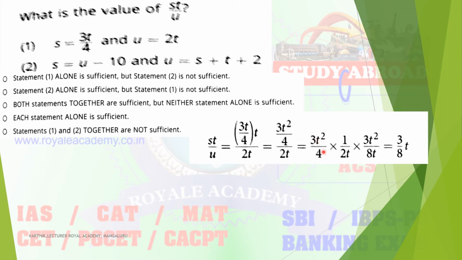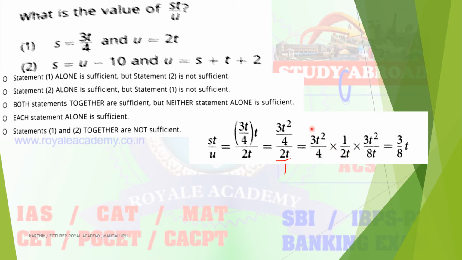The 4 goes to the denominator, so it is 1 by 2t.